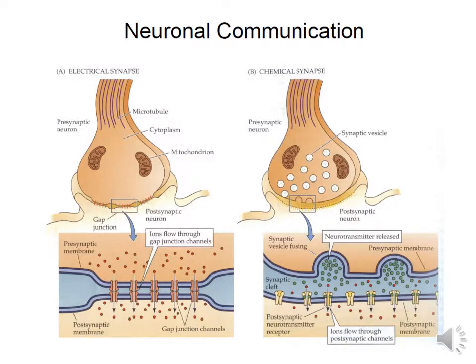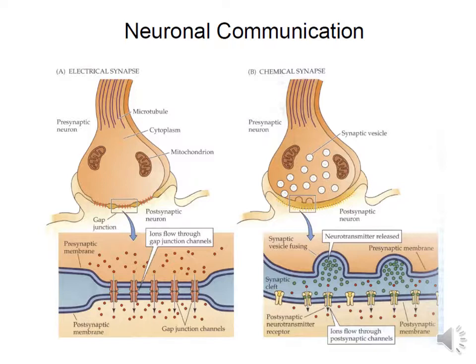In contrast, in chemical synapses, when an action potential arrives at the presynaptic terminal, it triggers the fusion of vesicles containing neurotransmitters with the membrane of the presynaptic terminal, releasing neurotransmitters into the extracellular space.